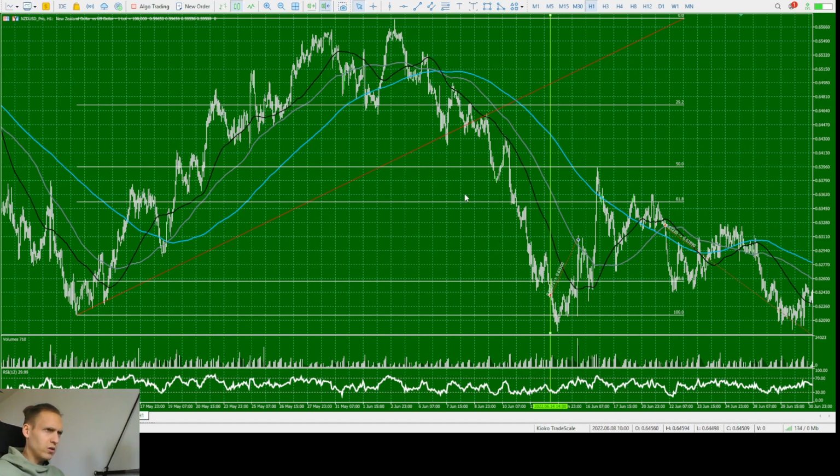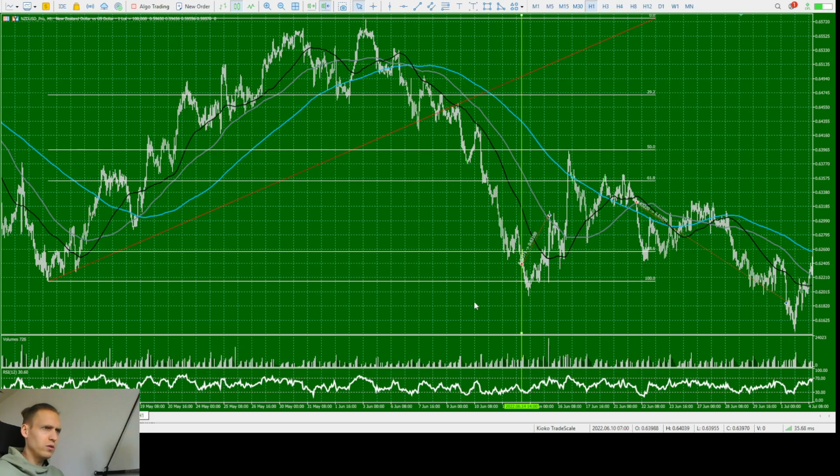Looking at the structure, the fib was disrespected. We were close to the previous low. It could be a pivotal point, and it was. And I decided to go short for some reason.